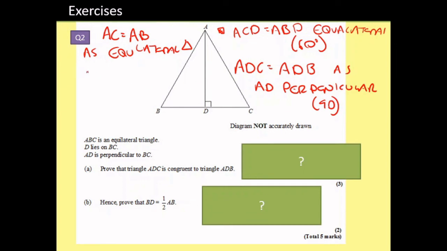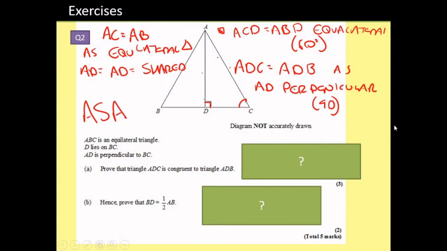I know that AD has got to equal AD actually, because they're the same. Shared, I'm going to say. So I've got options now really, because I've proved that two sides are the same and two angles are the same. Because I've got two angles the same, I know that the third angle must also be the same. So I've actually got angle side angle here. That means that they're the same.